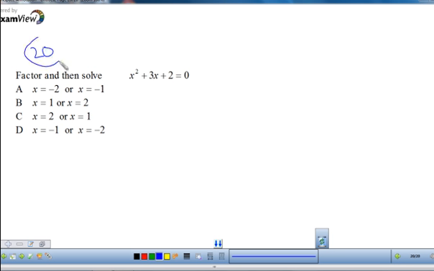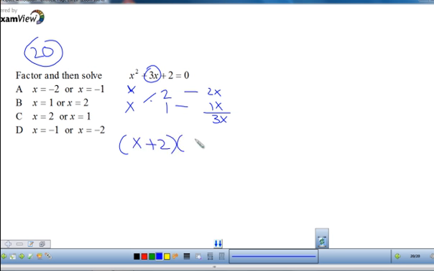Okay, factor and then solve. So this one, I'm going to have to factor using guess and check. The last term doesn't have an x. So two numbers multiplied together that give you x squared would be x and x. Two numbers multiplied together that give you 2 would be 2 and 1. Cross multiply to verify the middle term. Okay, so that checks. So I'm going to have x plus 2, x plus 1.